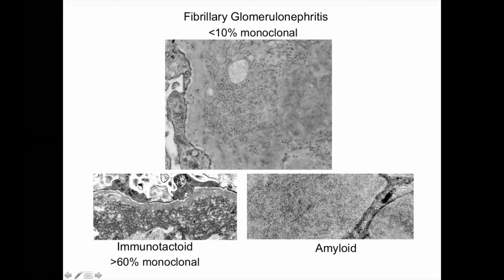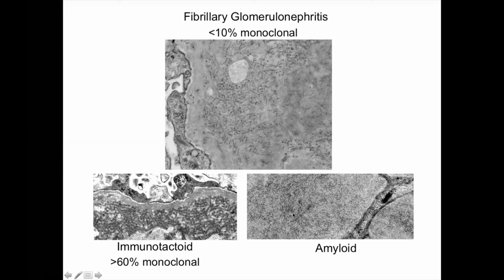And then we do the electron microscopy, and we will be able to tell the difference between fibrillary and immunotactoid.